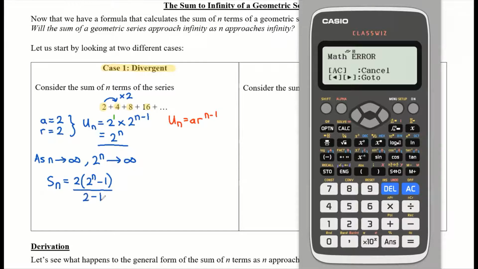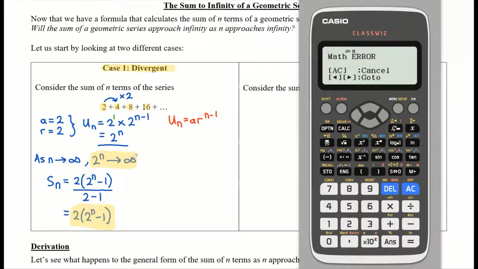We can simplify that to 2 multiplied by 2 to the n subtract 1. So this here is an expression for the sum of n terms of our series.